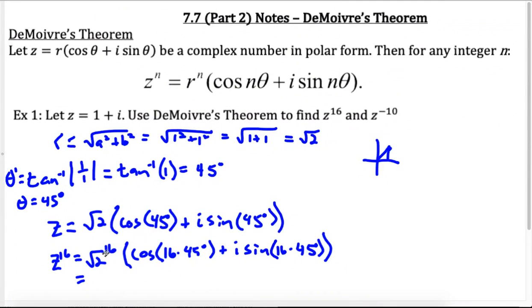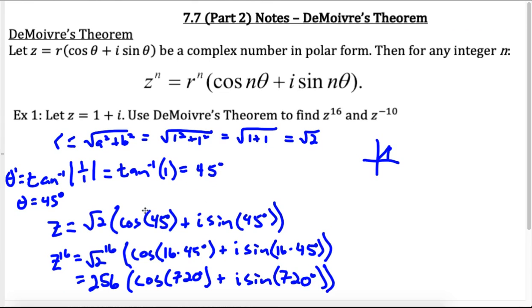So I could multiply those powers together, 1/2 times 16, and this would be 2 to the 8th, and 2 to the 8th power is 256. Then inside here, 16 times 45 gets me 720. So cosine of 720 degrees plus i times the sine of 720 degrees.